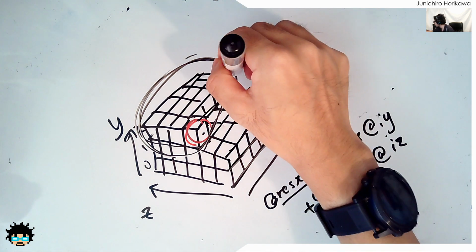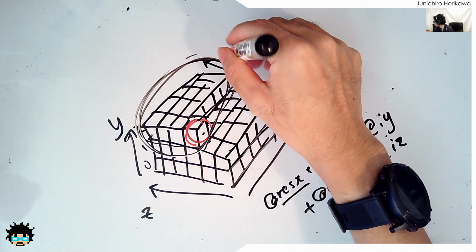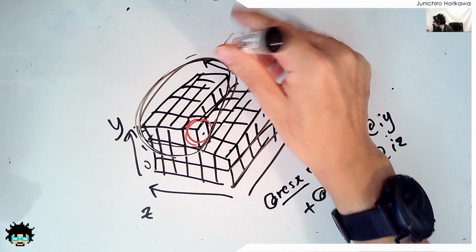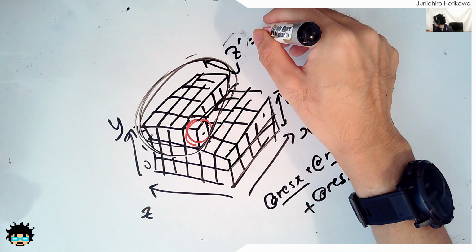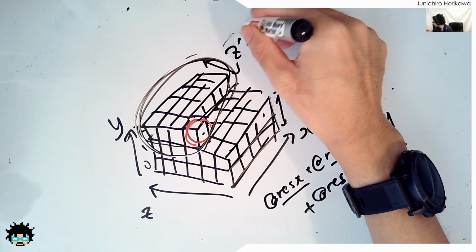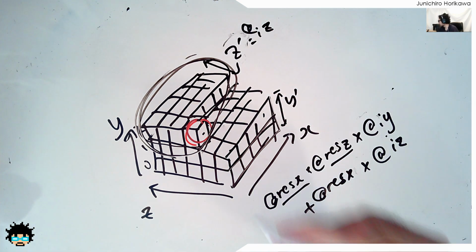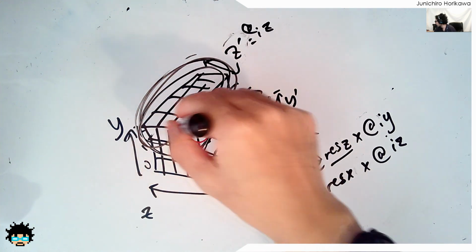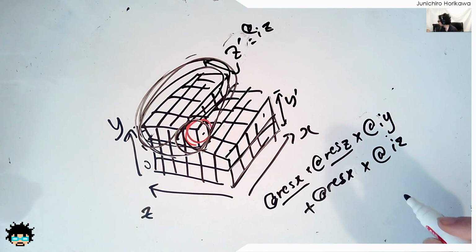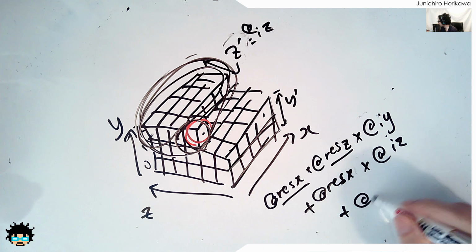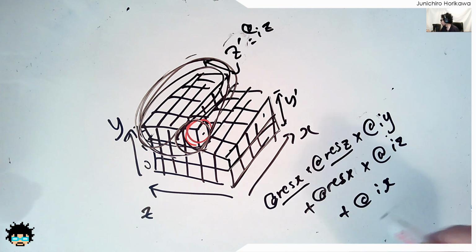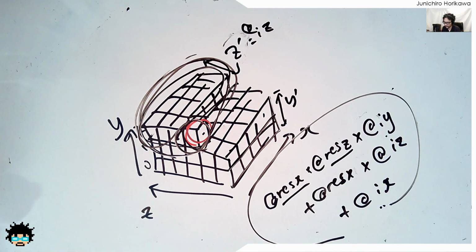So this is the number of iz here, which is equivalent to z prime. And then we are left with this single voxel here, which can be an ix. So this calculation indicates the single index value for each voxel.